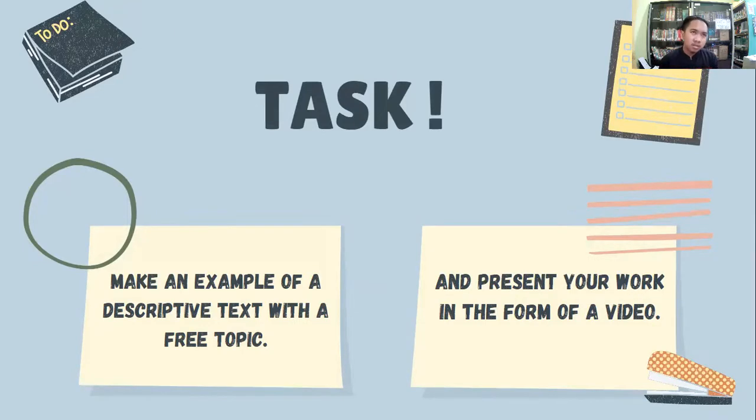Sir, I want to use descriptive text of person. Okay, place. Okay. Animal or thing is okay for you. It's free for you. And then after that, you have to present your work in the form of a video. Jadi setelah kalian dapat descriptive text tentang apa, you have to make a video tentang descriptive text yang kalian pilih.